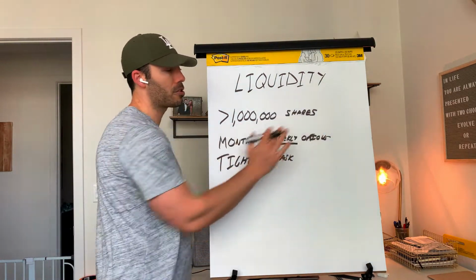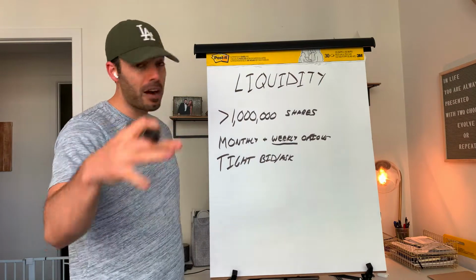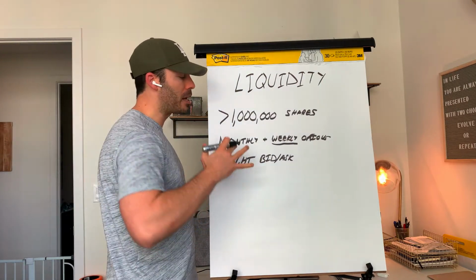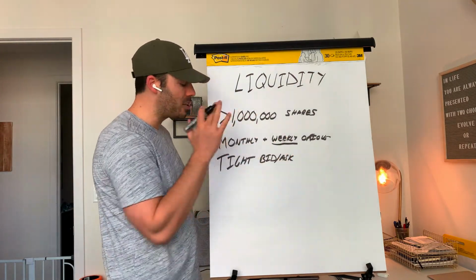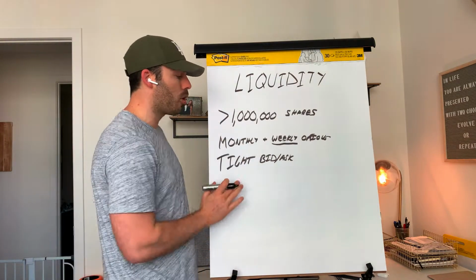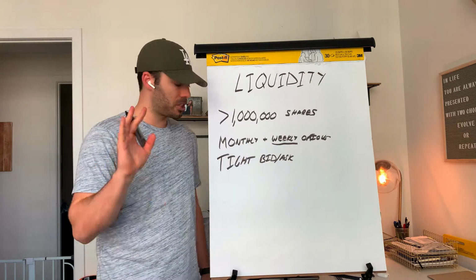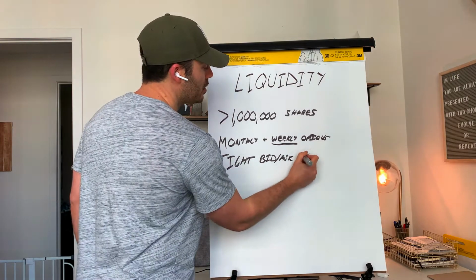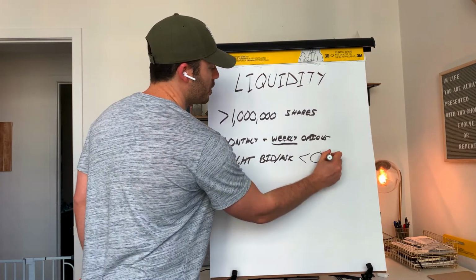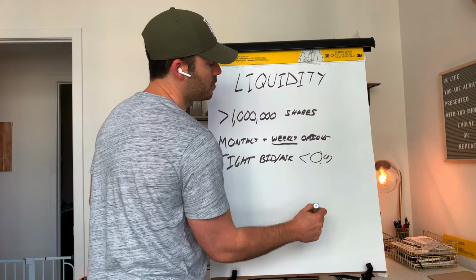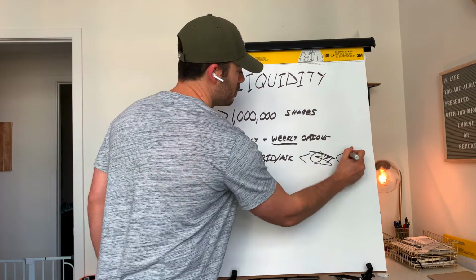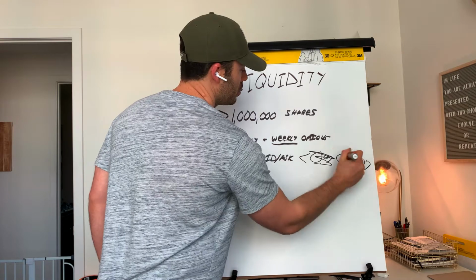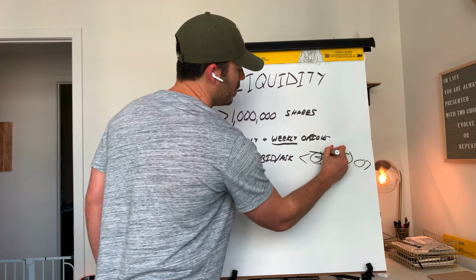So we want to see 1 million shares traded in total on average for about a 30-day period. We want to make sure that the stock has both monthly and weekly options, and we want to make sure that the bid and ask spreads are pretty tight. What we say for tight is less than 7 cents.